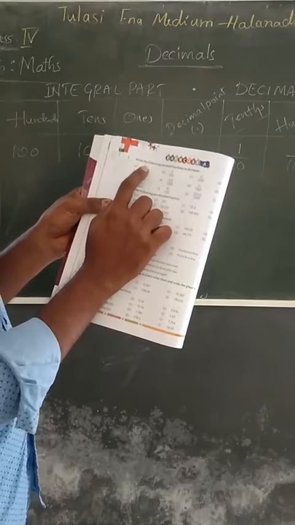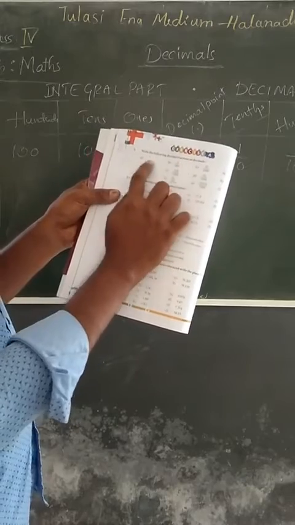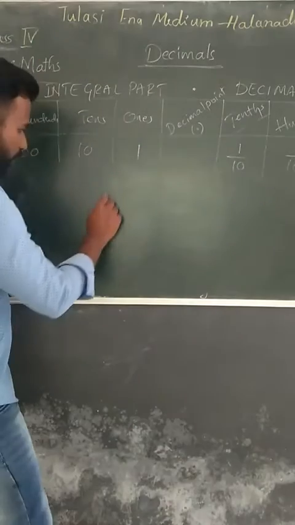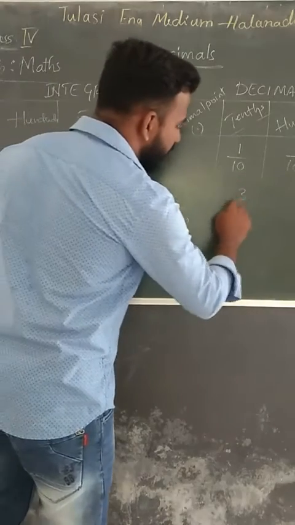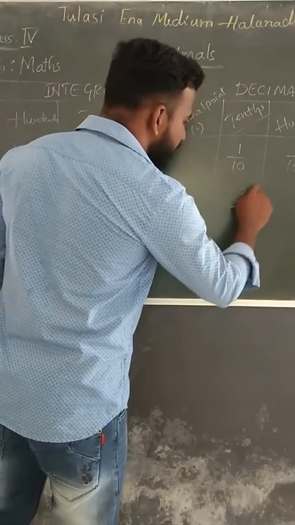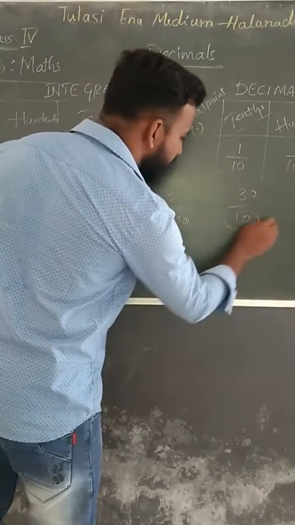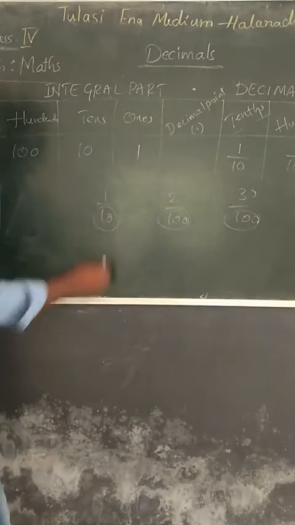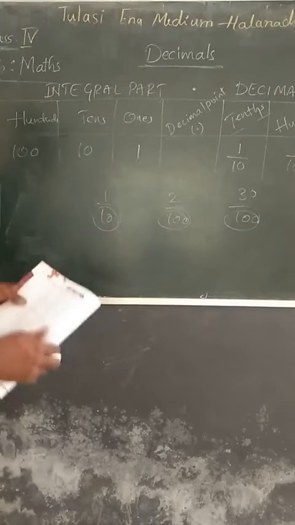If the denominators are multiples of 10, they are called decimal fractions. For example, 1 by 10, 2 by 100, 3 by 1000, or 30 by 1000. Here 10, 100 or 1000, whatever, these are multiples of 10.